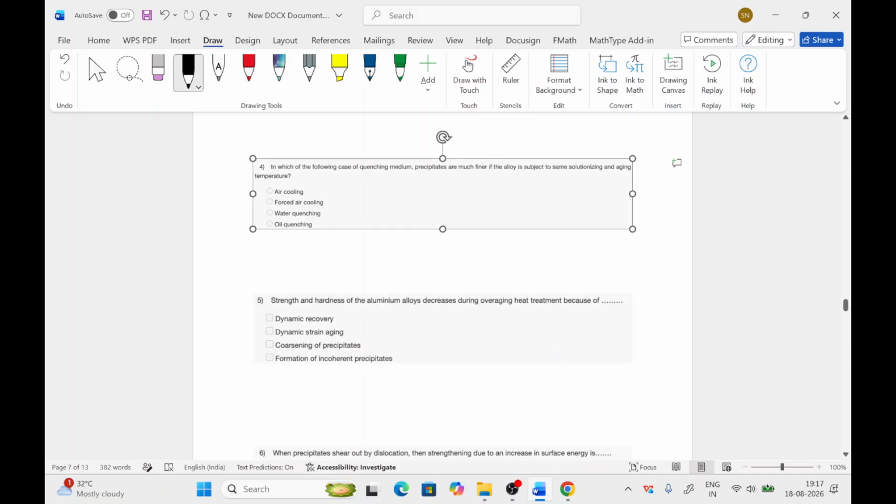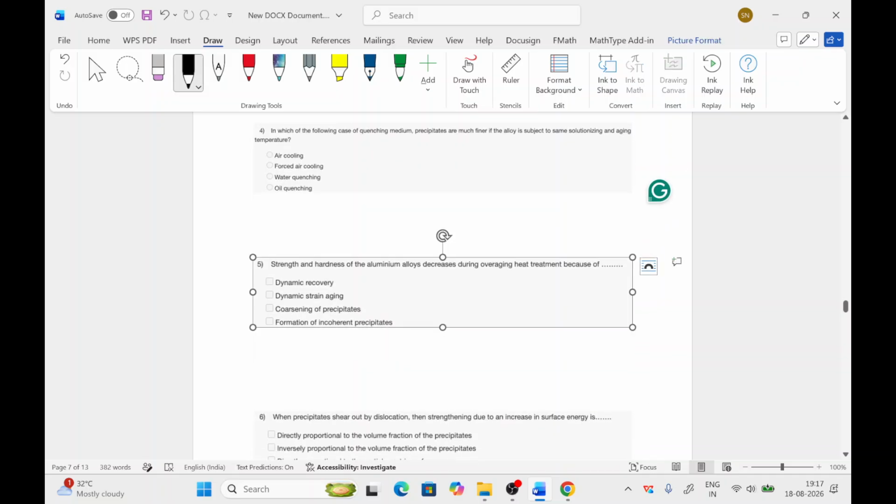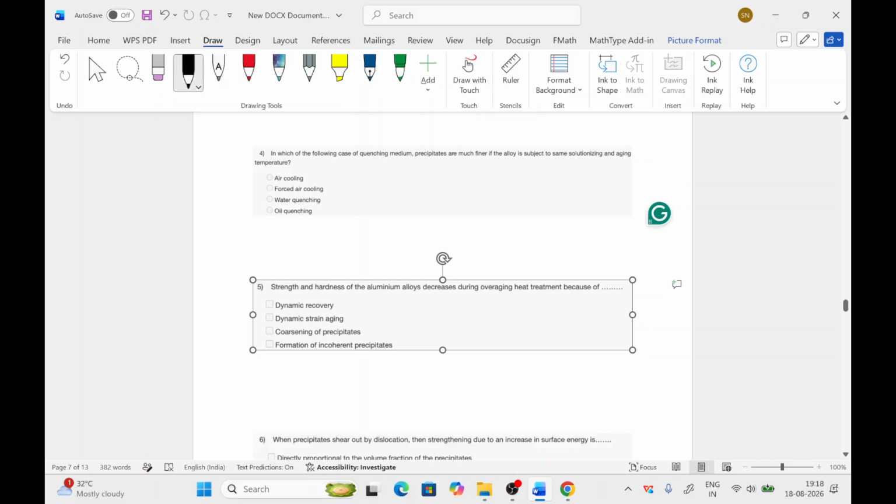Next question is, in which of the following cases of quenching medium are precipitates much finer if the alloy is subjected to the same solutionizing and aging temperature? So we have to tell according to the cooling rate, or speed. So air cooling, forced air cooling, water quenching, and oil quenching.